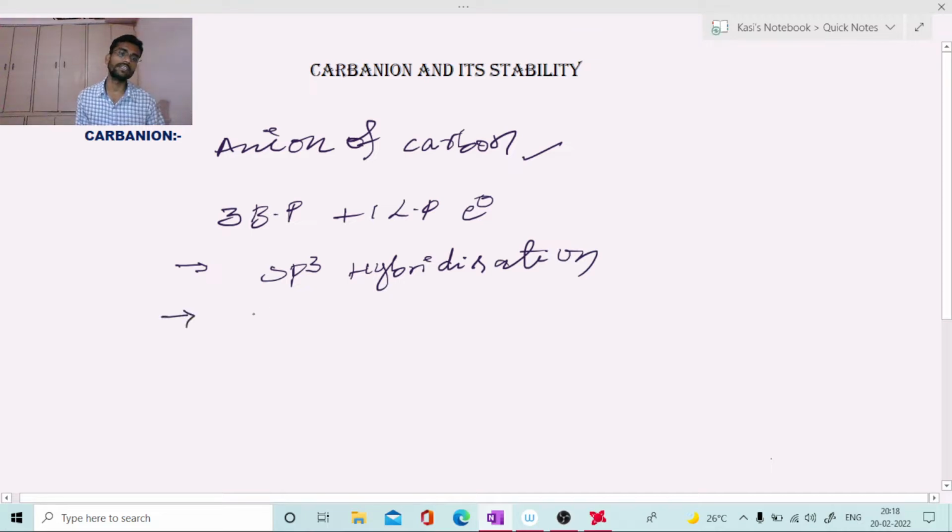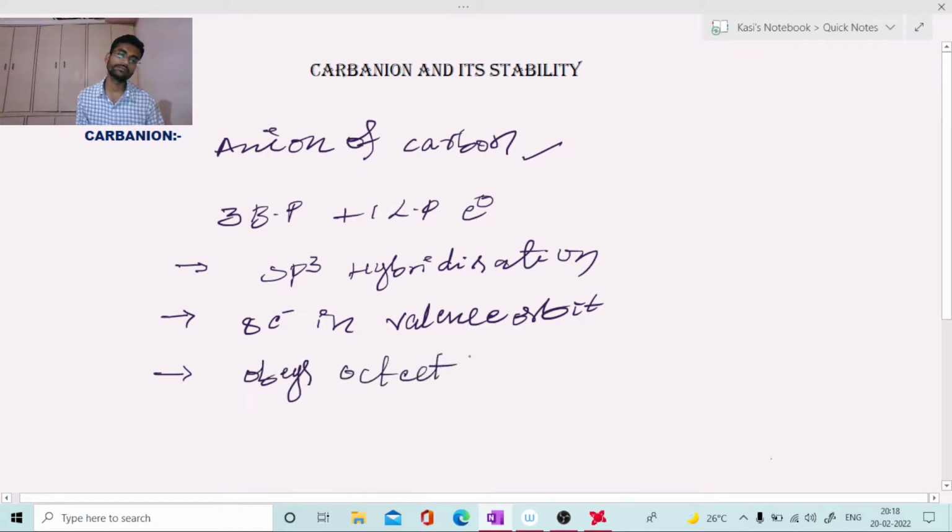This has 8 electrons in the valence orbit. If any atom or molecule has 8 electrons in the valence orbit, then it obeys the octet configuration.